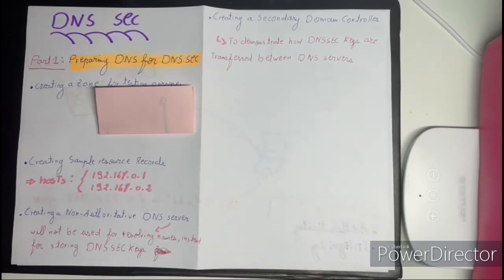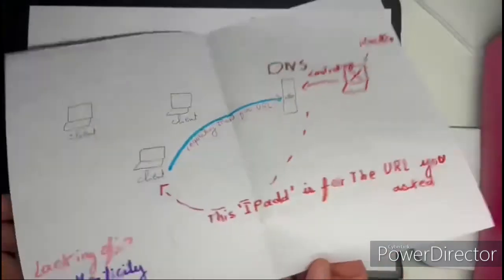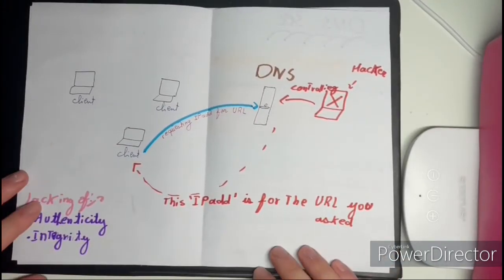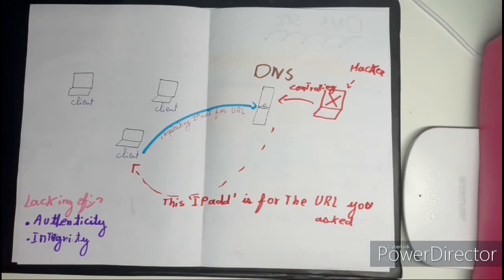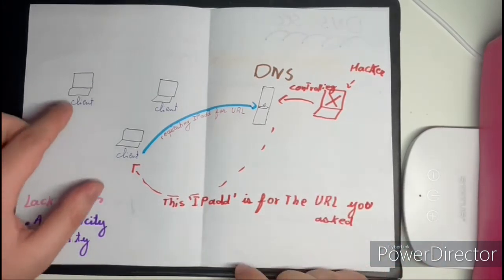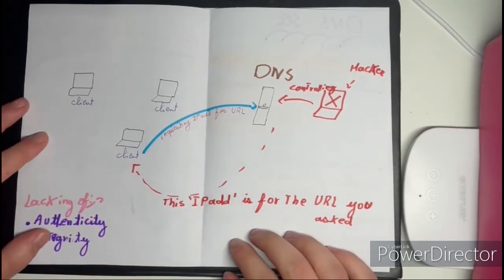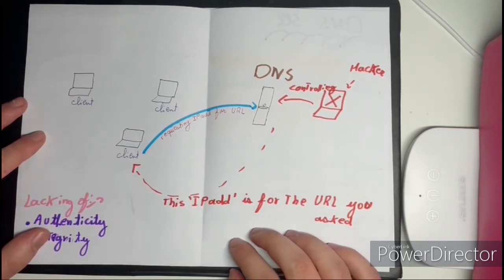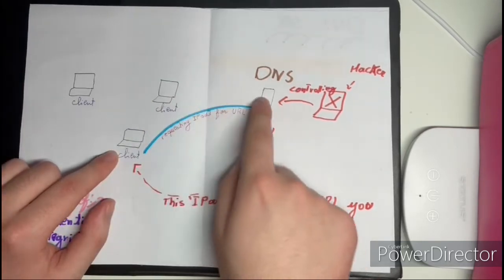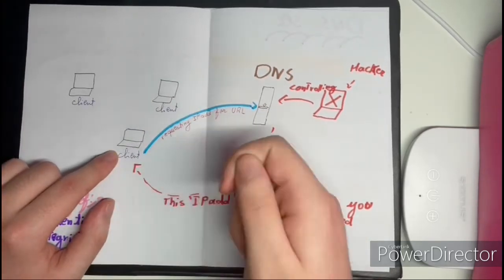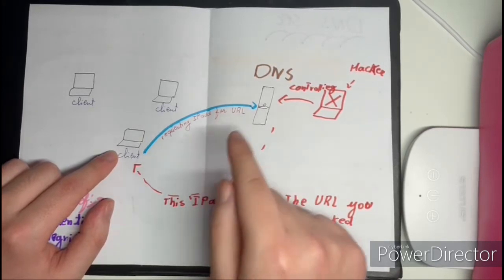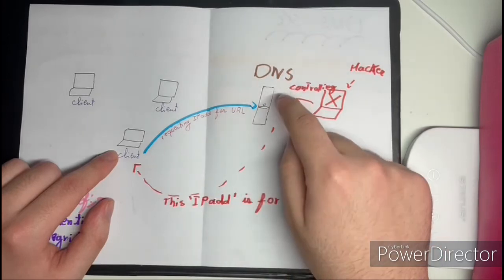So I presume that most of you know what DNS means and how it works. Just imagine that you are on your computer, and you search for YouTube. Your computer sends a request to the DNS asking for the IP address for the URL of YouTube. And what does DNS do?